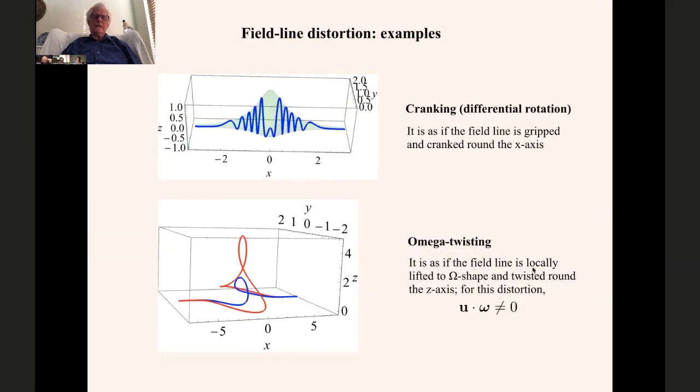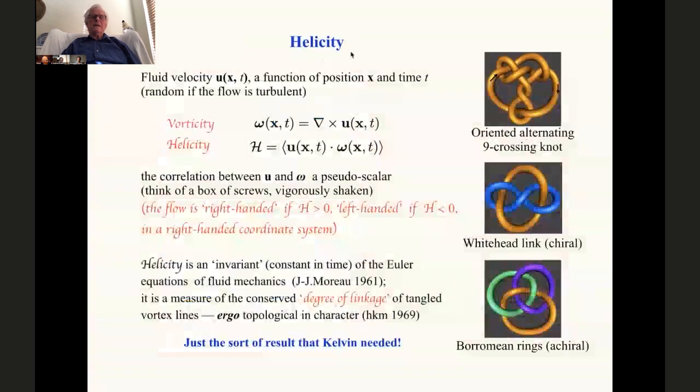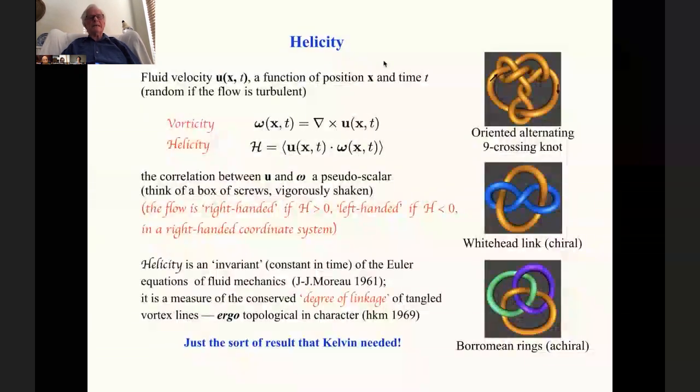Here it's as if the field line is locally lifted to an omega shape, and at the same time twisted round the z-axis here. Here I've got x and y and z upwards. For this type of distortion, the velocity u and the vorticity omega are roughly locally parallel. Certainly u dot omega is non-zero. Well, that has a bearing on what we know as helicity.